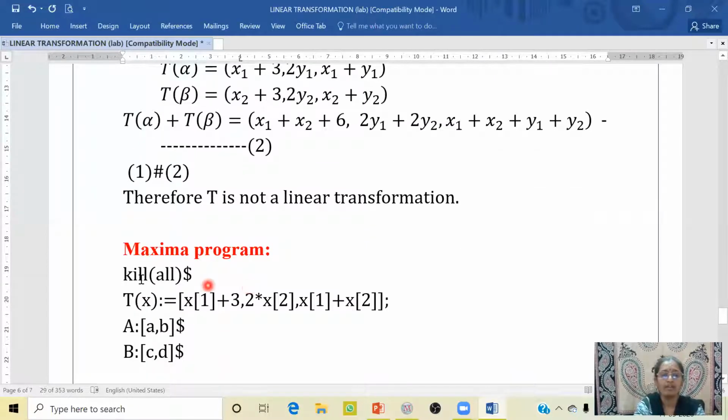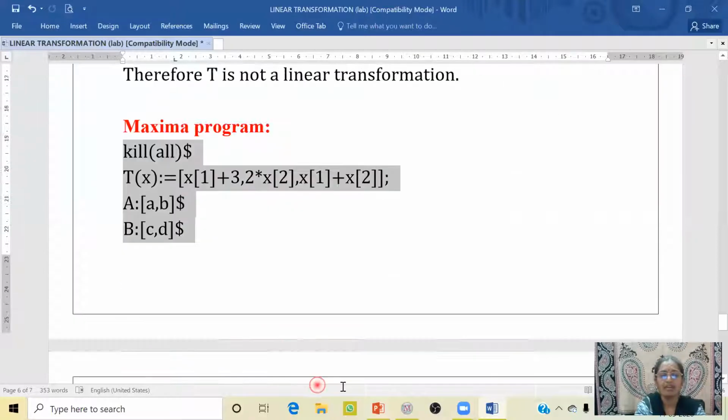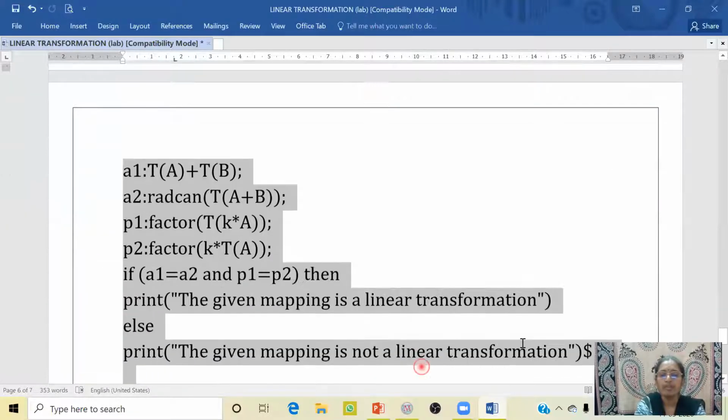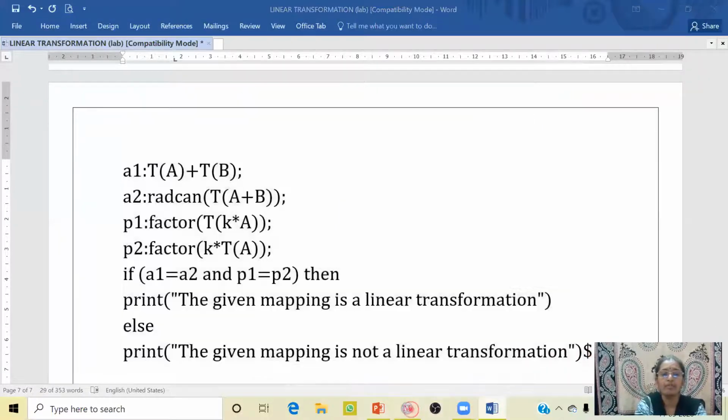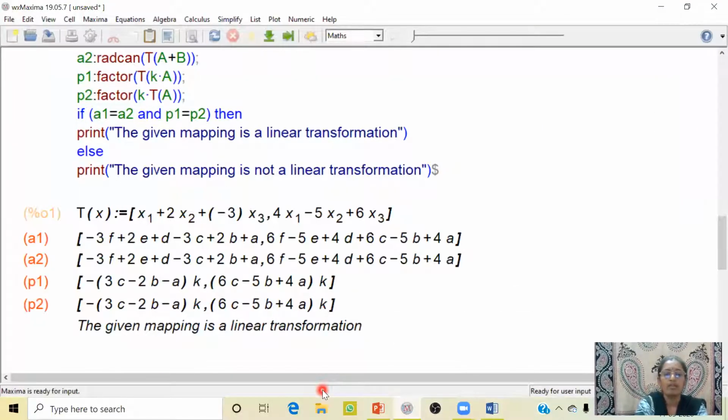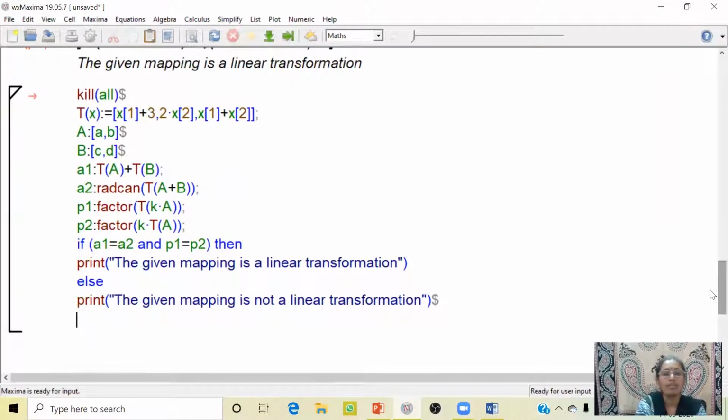Now let us check using the Maxima program whether this is a linear transformation or not. Let us copy down the code over here. Go to the Maxima window, copy it. So when we copy, this is what you're going to get. This is kill all. As I said in the beginning, it deletes all the user variables, functions, arrays, etc. and resets all the internal variables to their default state.